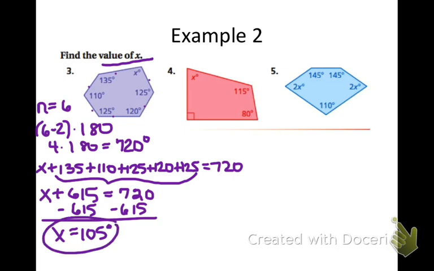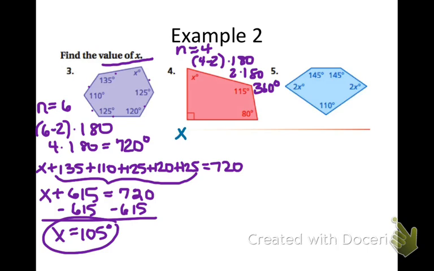Okay? Looking at number 4, there are 4 sides. So if n is equal to 4, 4 minus 2 times 180 is 2 times 180, or 360 degrees inside every quadrilateral. Every quadrilateral has 360 degrees. So starting with x, I'll change colors here so that it might be easier to see.